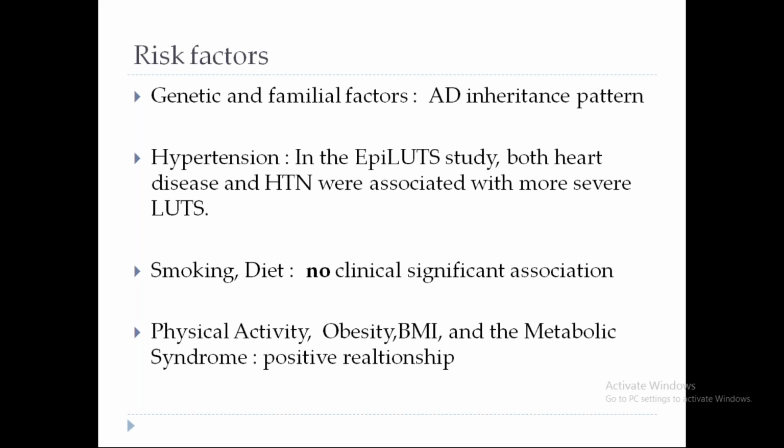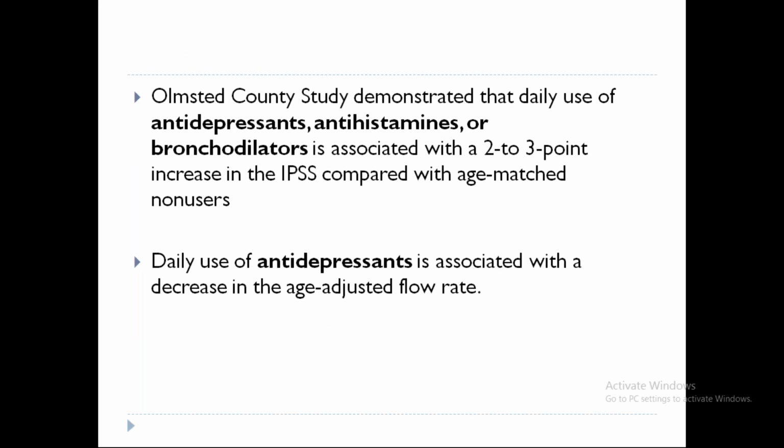Physical activity, obesity, BMI, and the metabolic syndrome have a positive relationship, with more chances of developing BPH. The Olmsted County study demonstrated that daily usage of antidepressants, antihistamines, or bronchodilators is also associated with developing BPH. Daily use of antidepressants is associated with a decrease in age adjusted flow rate.